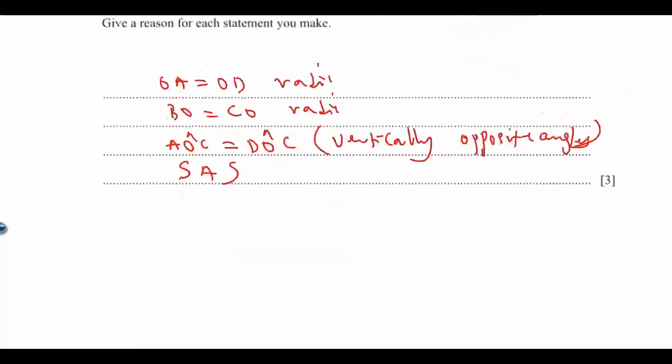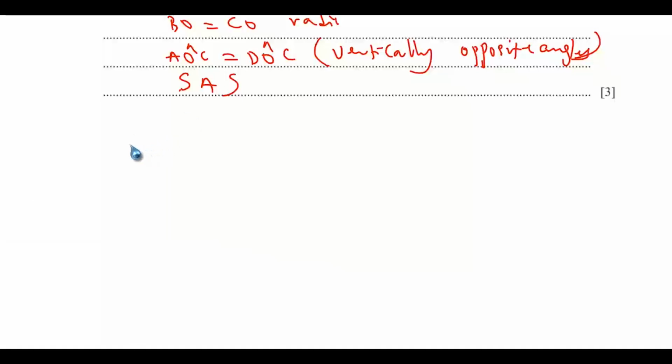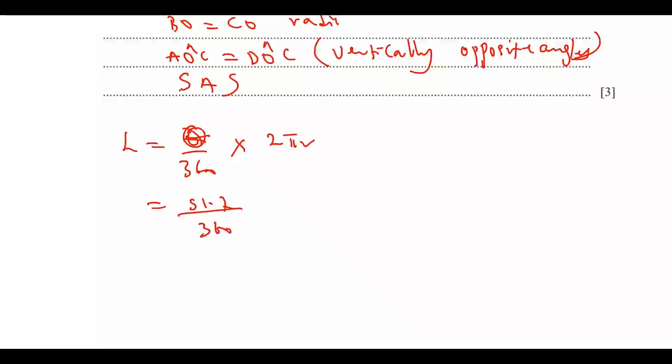So the length of the arc now is equals to theta over 360 times 2 pi r. The theta is what we just found, 51.7 over 360 times 2 times 3.14 times the radius, which is 5. If you input this into a calculator, you should get 4.51 centimeters.